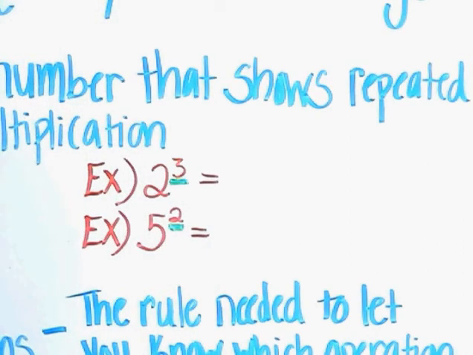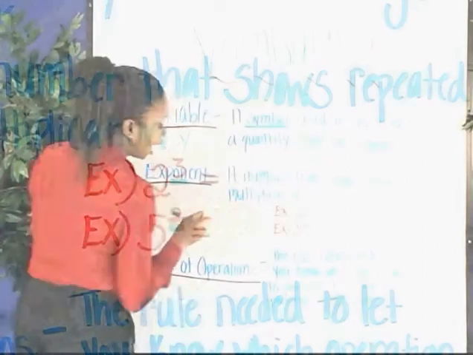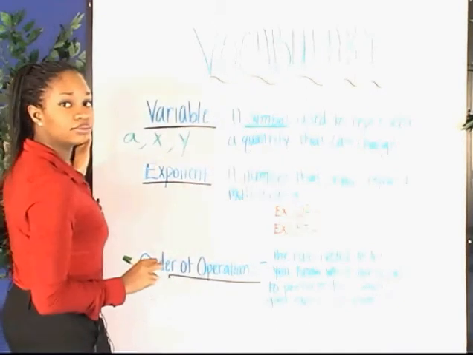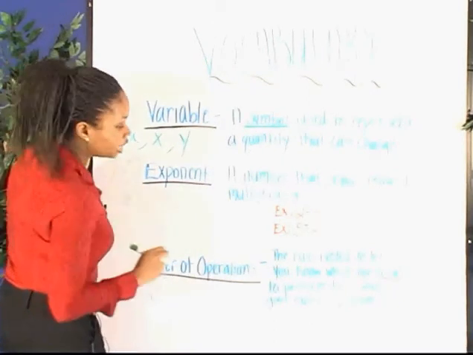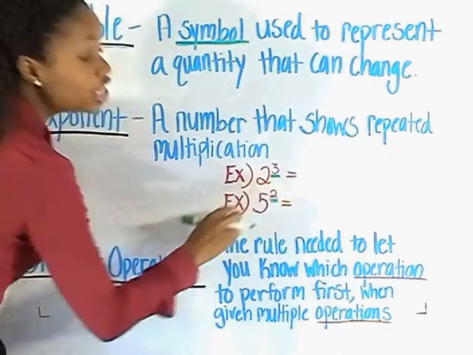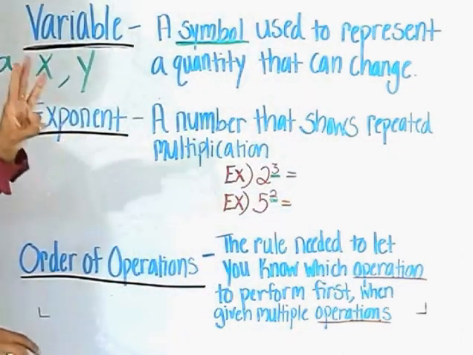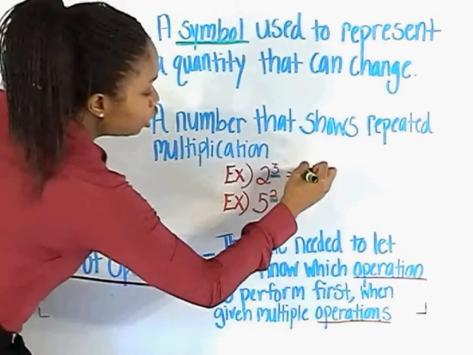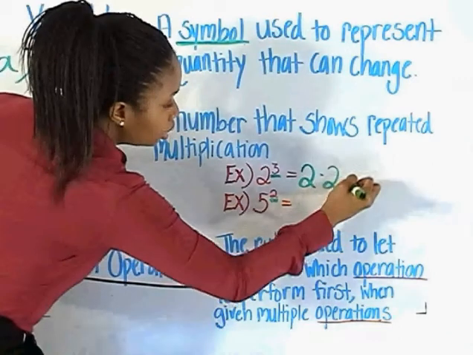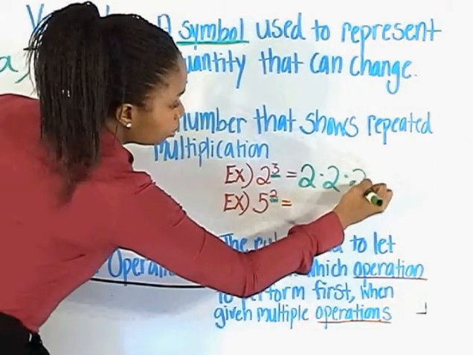Now the definition says it's a number that shows repeated multiplication. What is the exponent in this first example? You're right, it's 3. So what that's telling you to do is multiply 2 to itself 3 times. This is telling you to do 2 times 2 times 2.